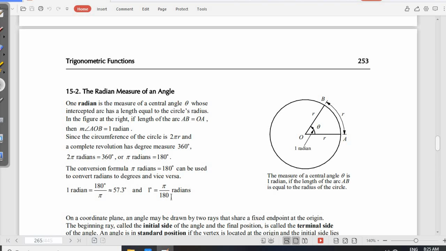Now the same goes for radians. 1 radian is equal to 180 degrees over pi. Let's say you want to move 150 degrees, all you need to do is 150 times pi over 180, and your answer will come out in radians.